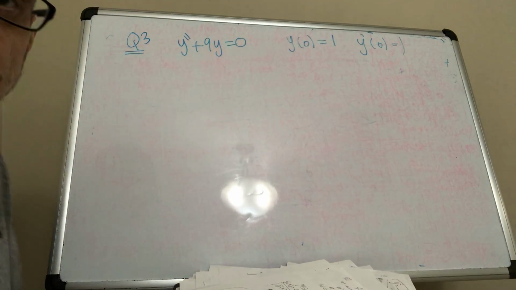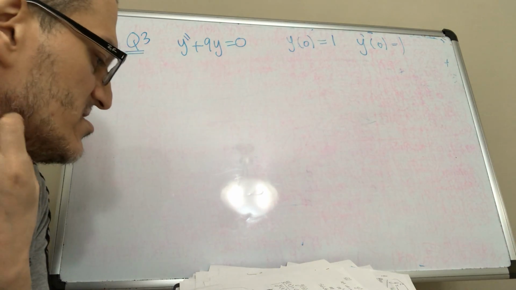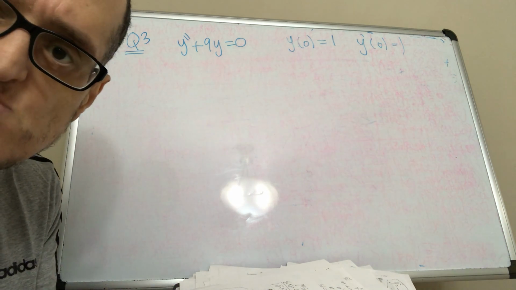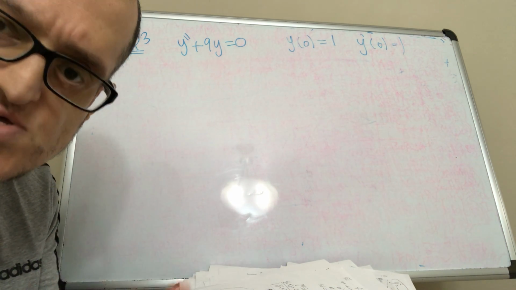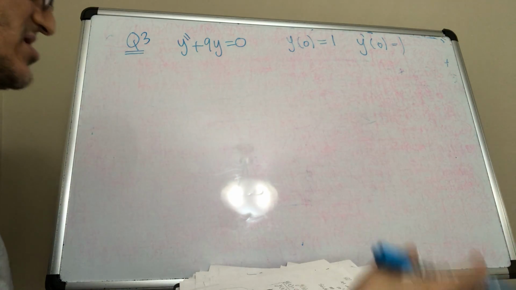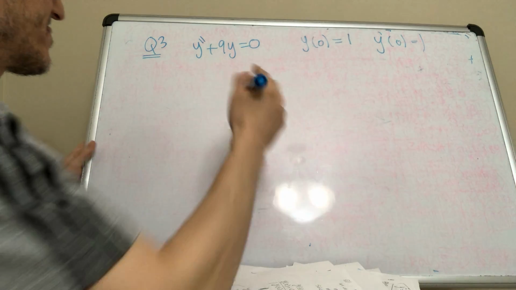Now the initial condition, as you know, is only there to help you figure out the constants, C1, C2, and whatever. So we start the process the normal way.